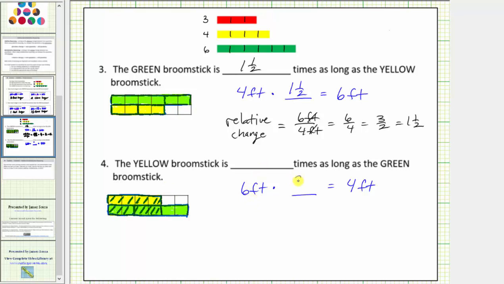So 6 feet times 2/3 equals 4 feet, which means the yellow broomstick is 2/3 times as long as the green broomstick.